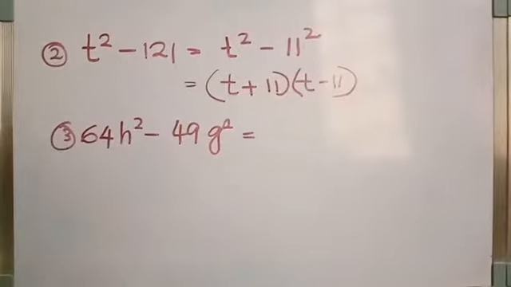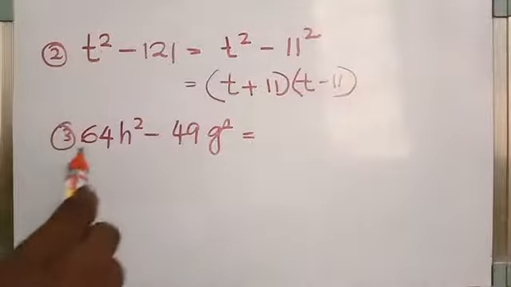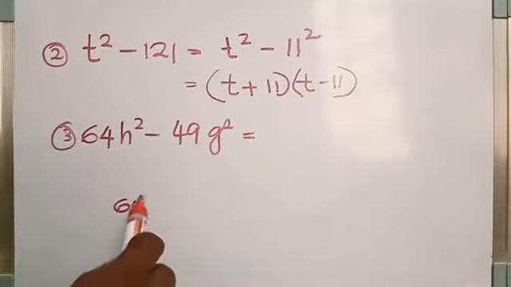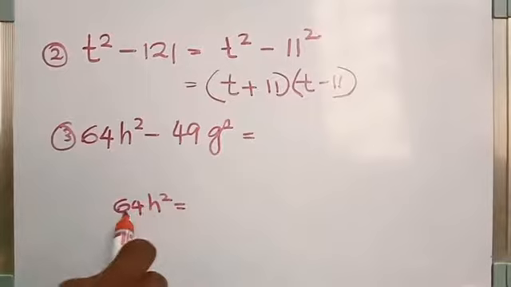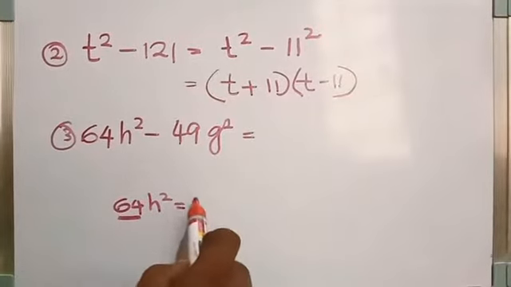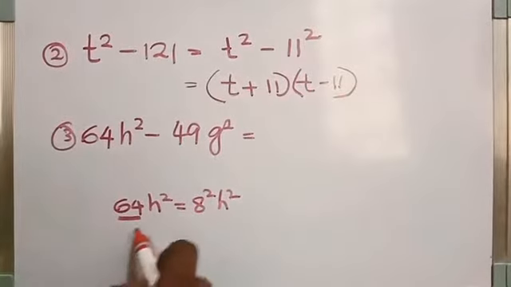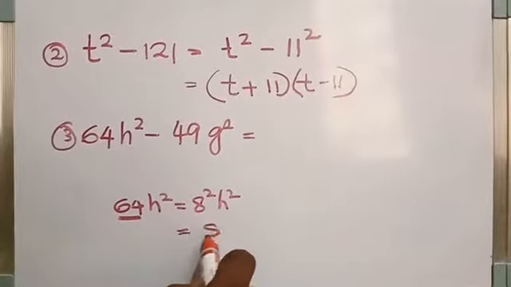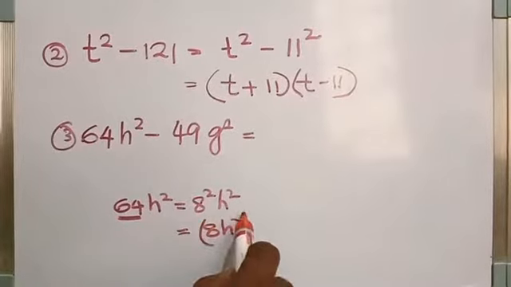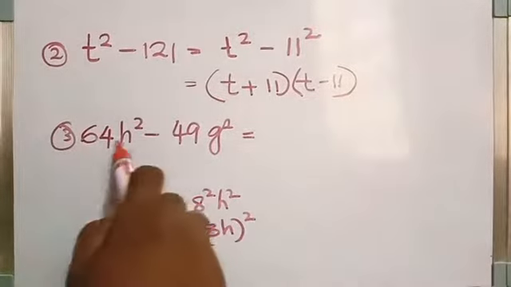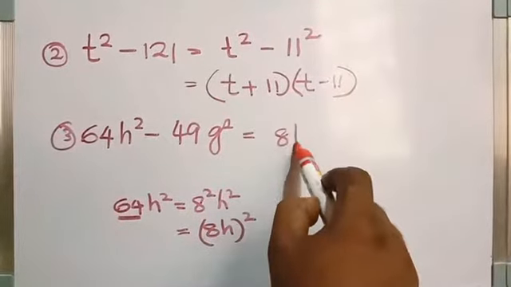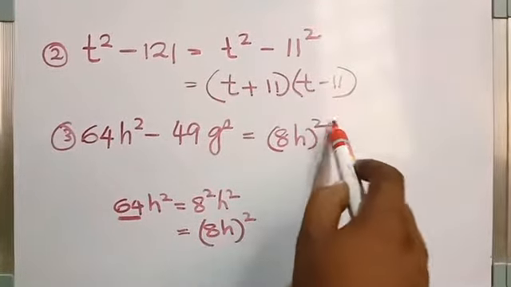Another question is 64h squared minus 49g squared. So let's see the first term, 64h squared. 64 is 8 squared, and h squared, so 64h squared can be written as 8h the whole squared.